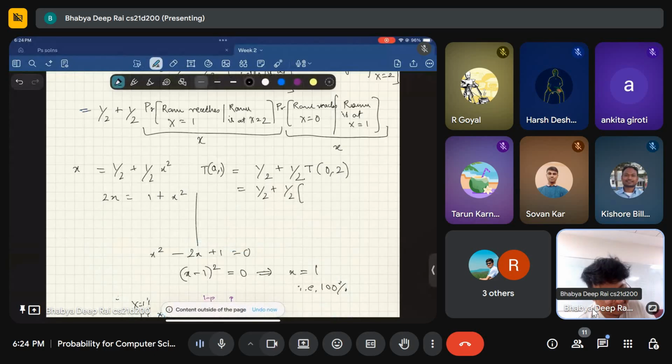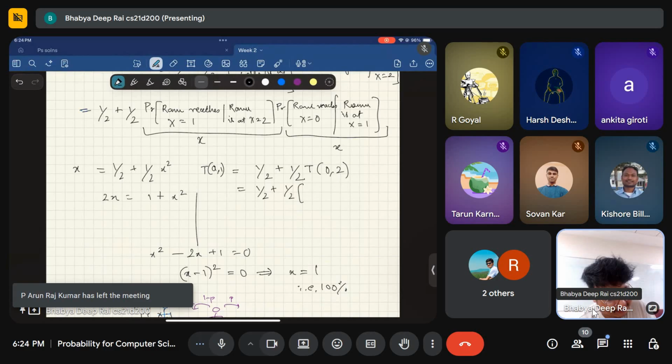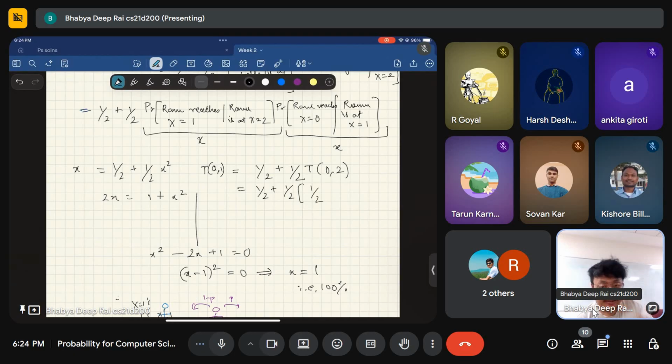Now we further expand this, right? So half times, either Ramu moves left from 2, which is half, and then you have t of 0 comma 1, plus he moves right, which is t of 3.